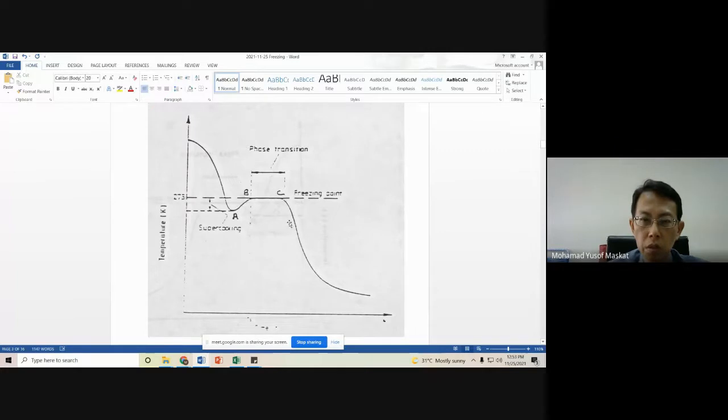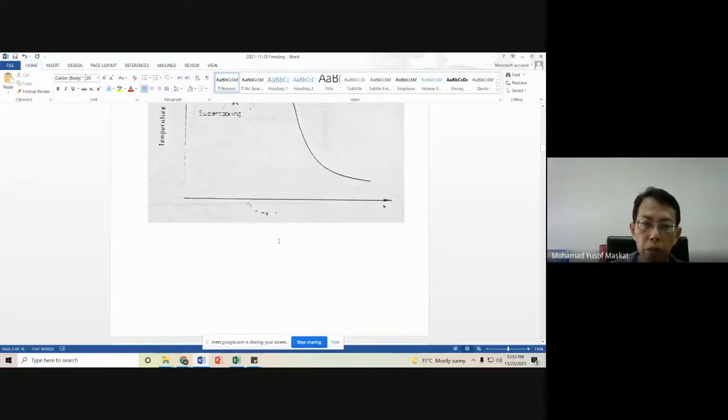Over here it is liquid. Over here it is a mix of liquid and solid. Over here you have solid. So where is the freezing point? The freezing point is not here, but it is here, at the leveling off period. So this is the freezing point.